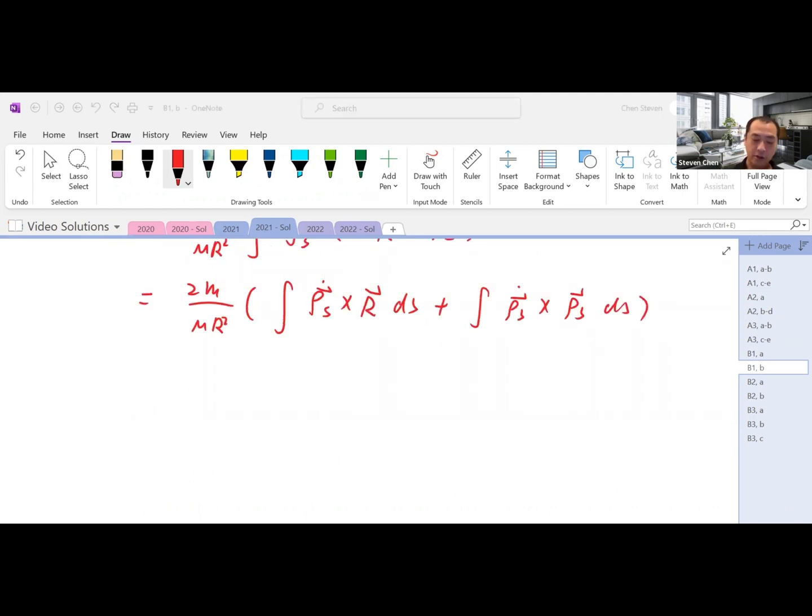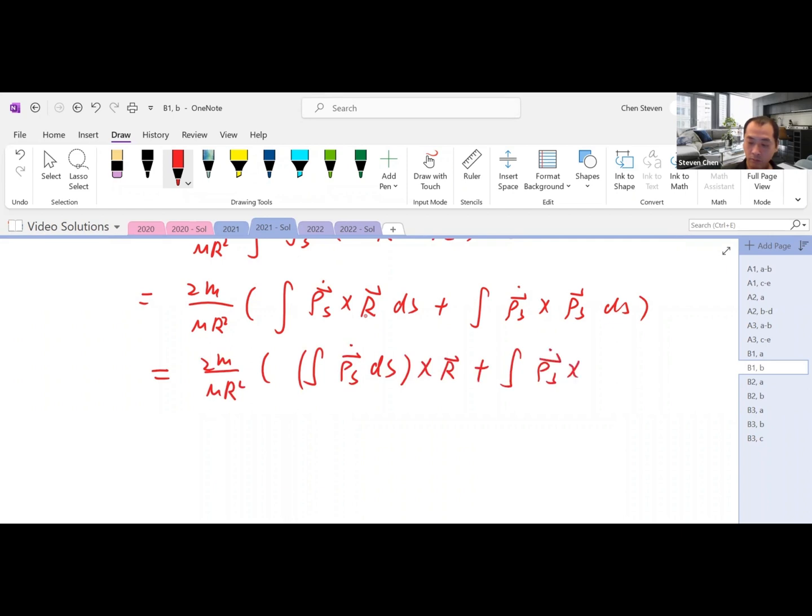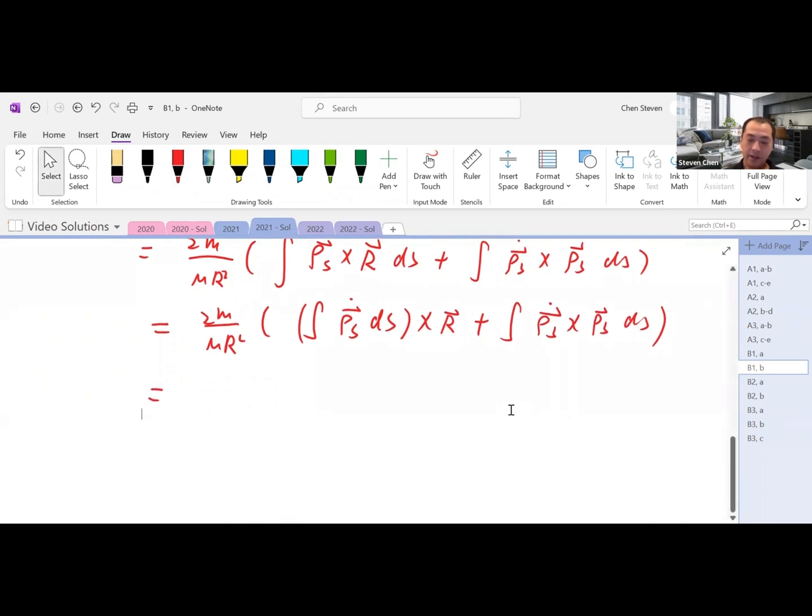For the first integral, because capital R doesn't change over time, we can take it out of the integral. Okay. And let's look at the first blue integral.